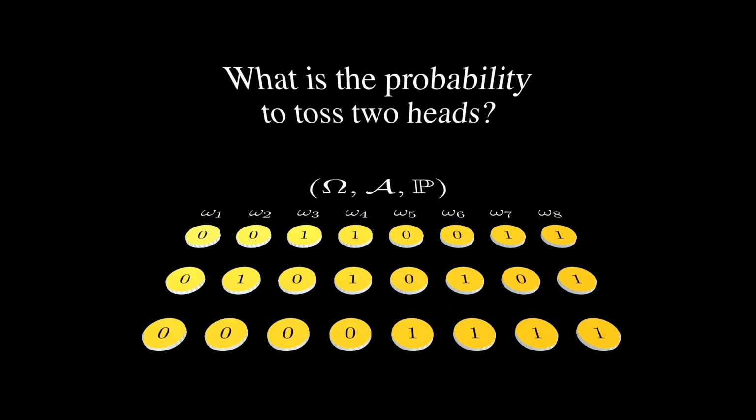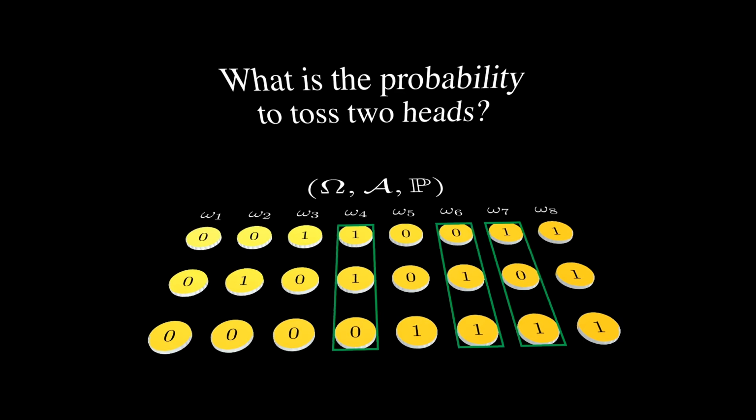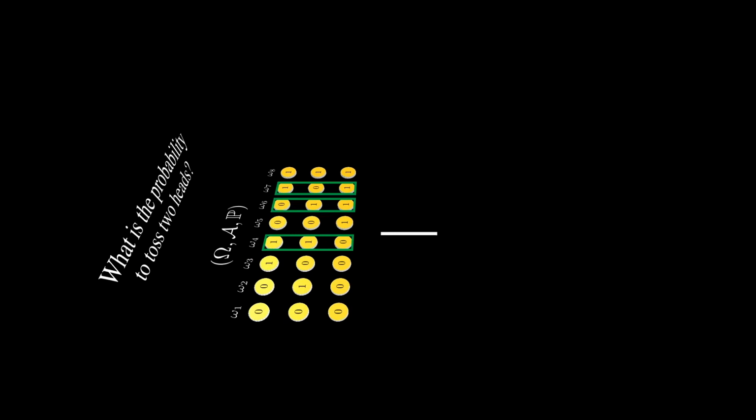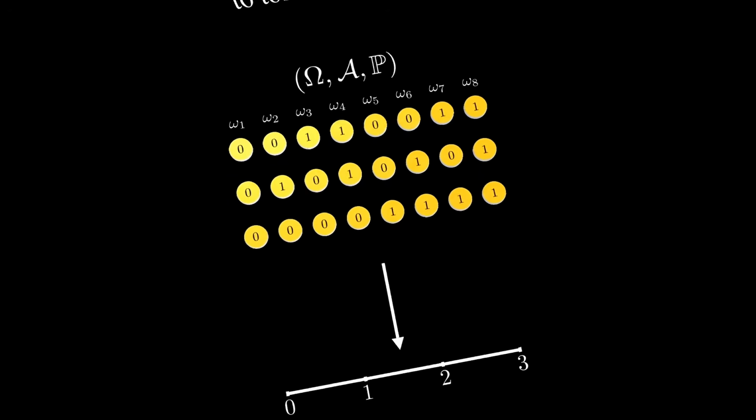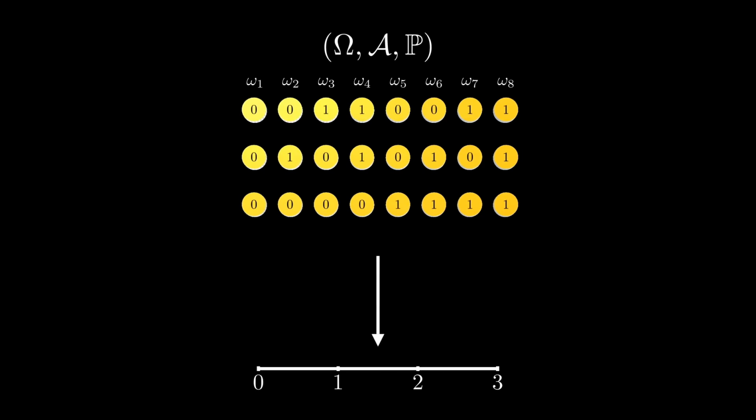We are interested in the number of heads that we tossed, which actually is a number between 0 and 3. And for each tuple, we can actually quite easily read off that number. So we need to translate each tuple of omega into the quantity of interest, which in this case is simply the sum of heads tossed.